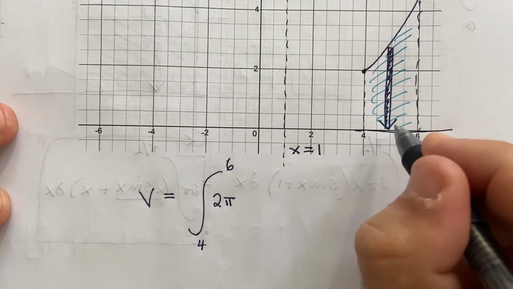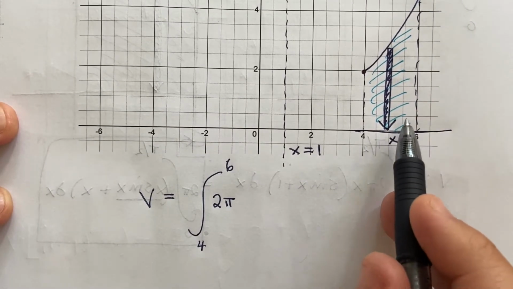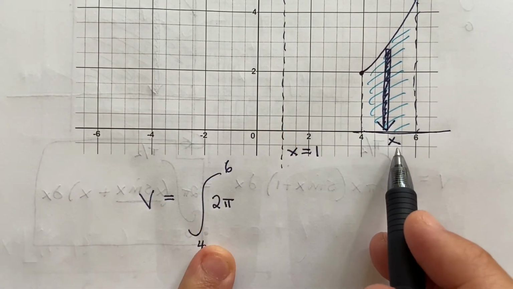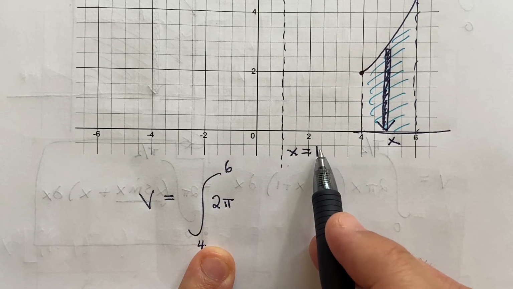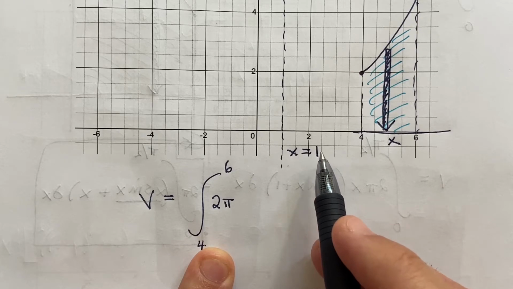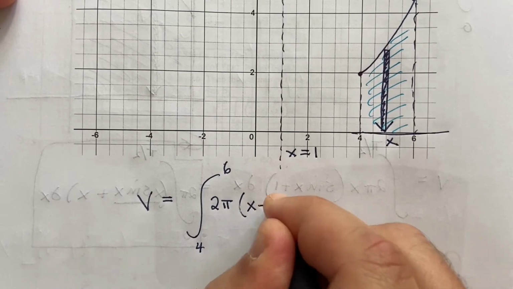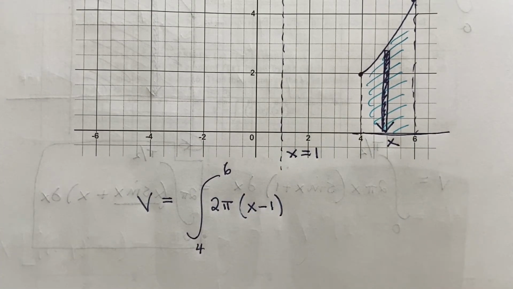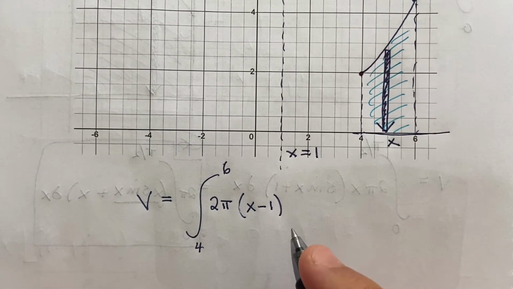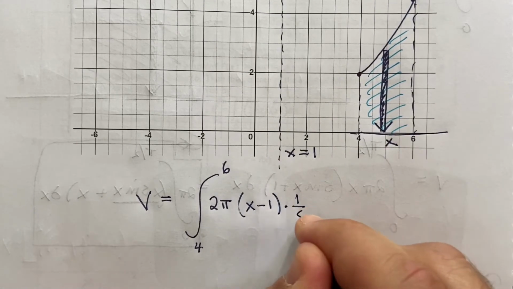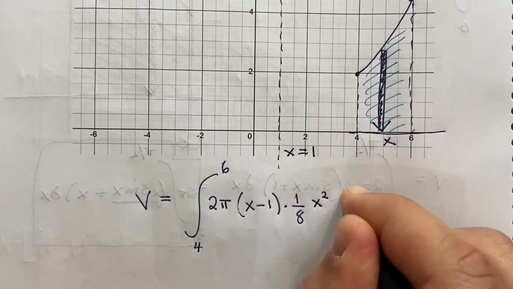But since this region is separated from our axis of rotation, I'm going to take x minus 1 as our radius. And then times the function itself, the height, so times 1/8 x squared dx.